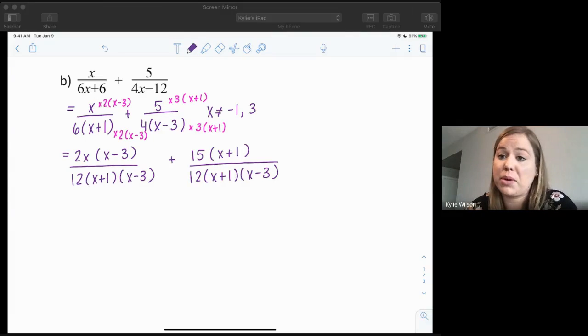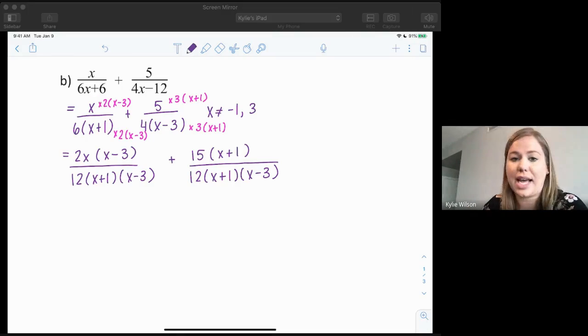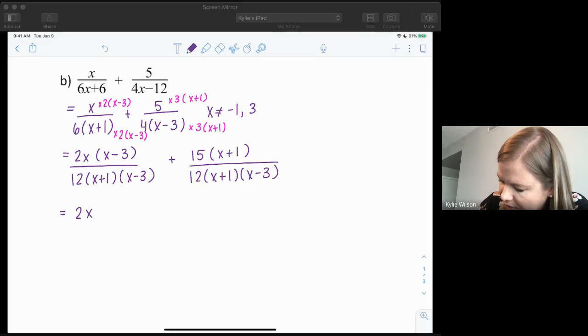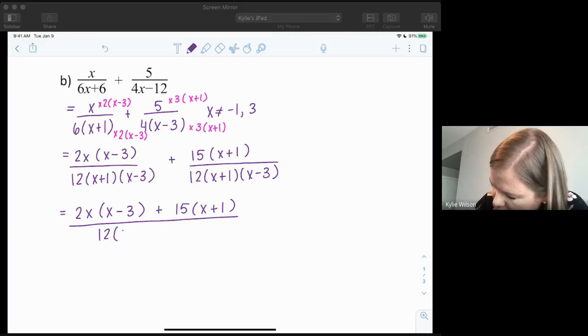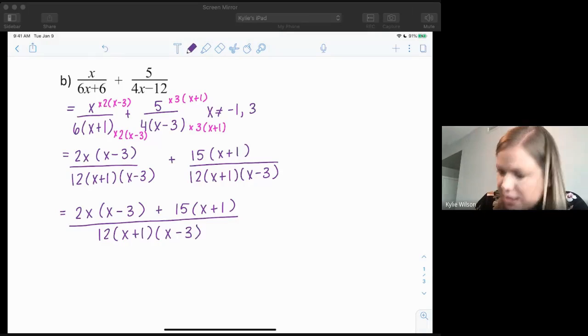Remember, when we're adding and subtracting, we keep the denominators the same and we just add the numerators. So we'll have 2x, x minus 3, plus 15, x plus 1, all over 12, x plus 1, x minus 3.